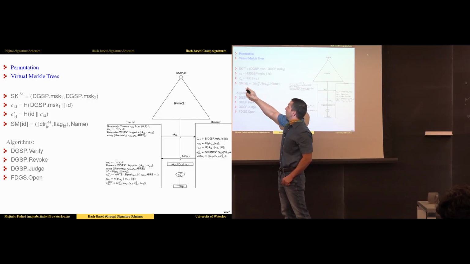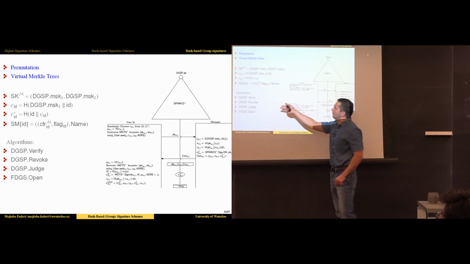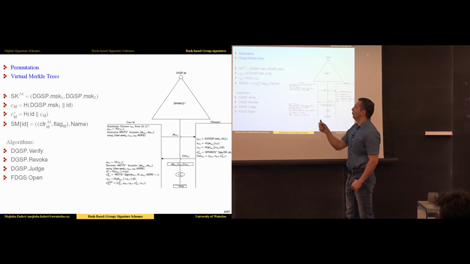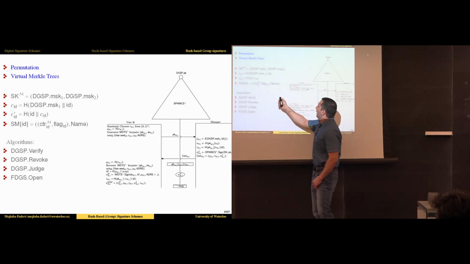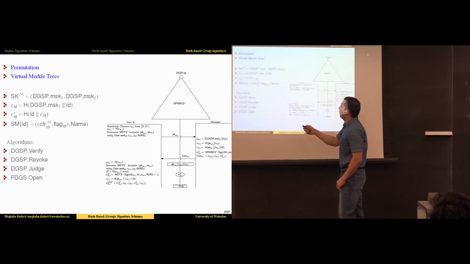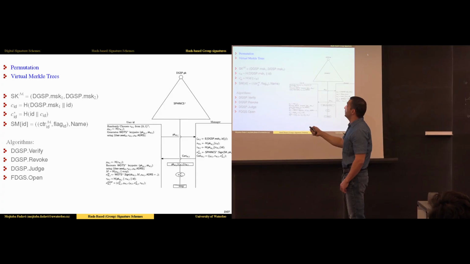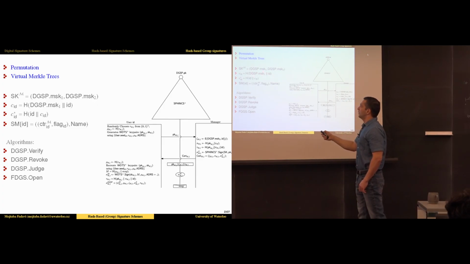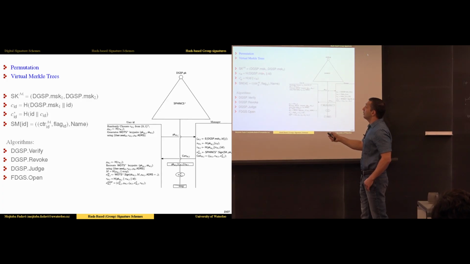This stands for the state of the manager. The flag can be active or revoked. It shows that the user is active in the group or has been revoked. And the group manager computes CID based on his master secret key and the identifier of the user. He doesn't need to store these values because they can be generated from the information stored in the ID's entry in this list.